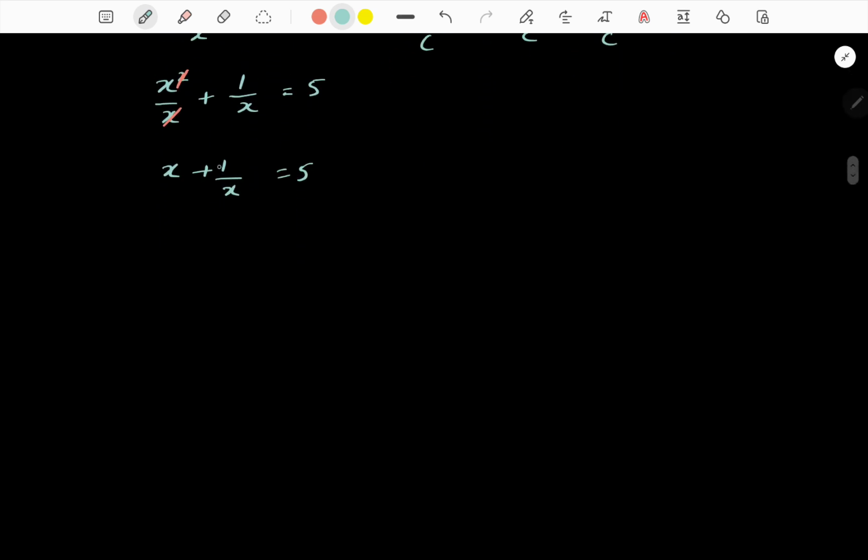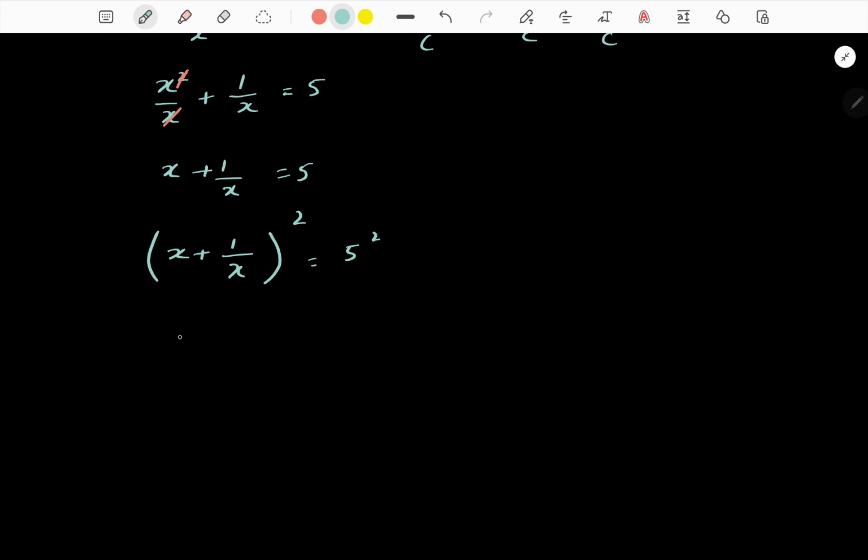Taking square on both sides, we have (x plus 1 over x) whole square is equal to 5 square. Now we can write this. We know that (a plus b) square is equal to a square plus 2ab plus b square.